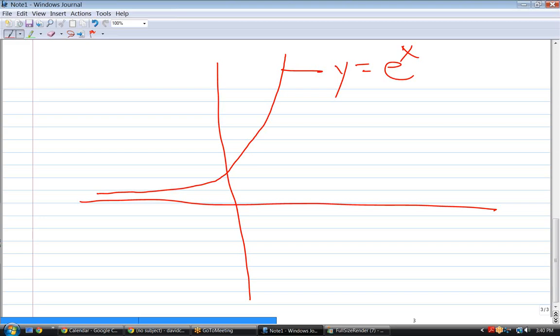You've learned about e, haven't you? No. Okay, let's make it y equals 2 to the x. Just an exponential function. Well, is this 1-to-1 or not?